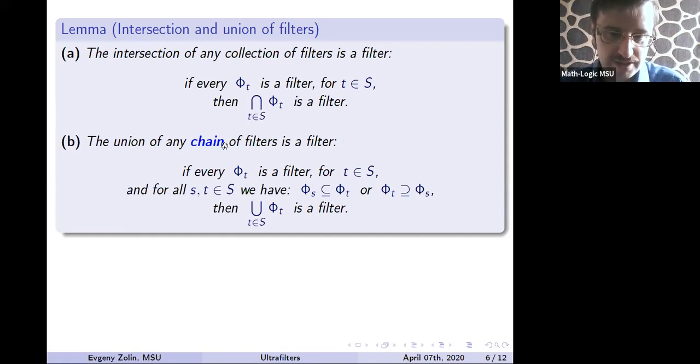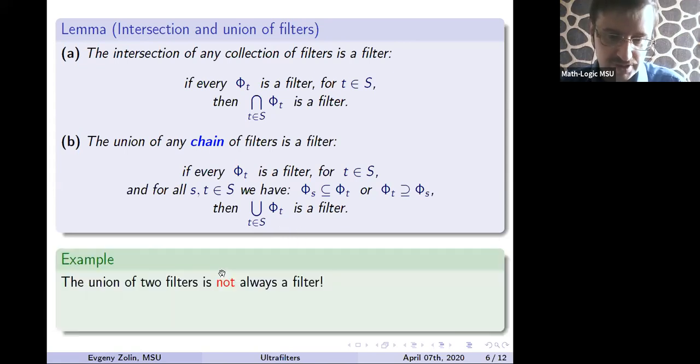Why do we take a chain here? Why can't we simply take the union of any collection of filters and obtain a filter? Because even if we take two filters, then the union need not be a filter. Can you give an example of two filters, of very simple filters, such that the union is not a filter?